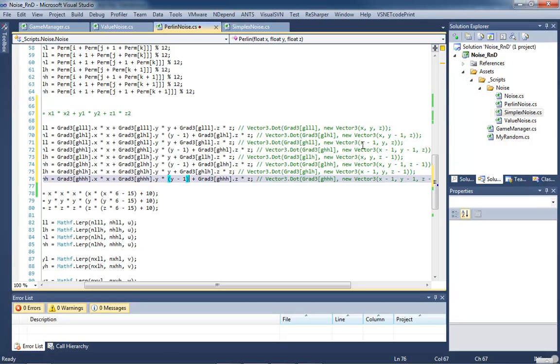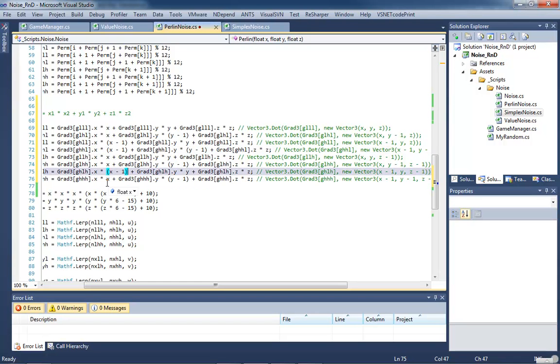Now the x's here are going to be 2 on, 2 off. So it'll be x minus 1, x minus 1, and 2 off, that gives us that. And then the second 4 of the Z's.